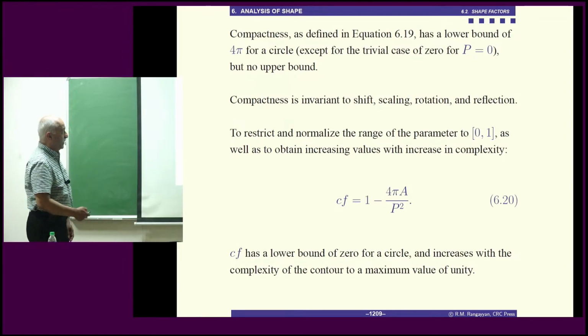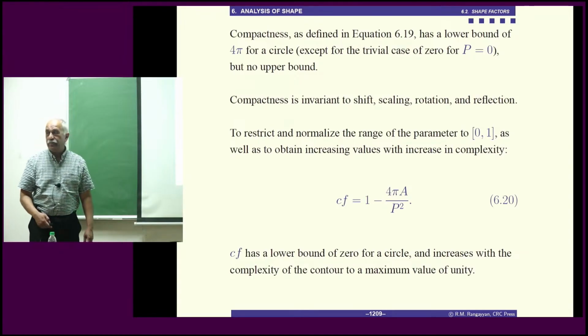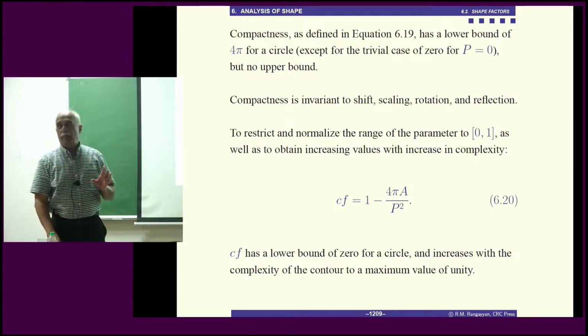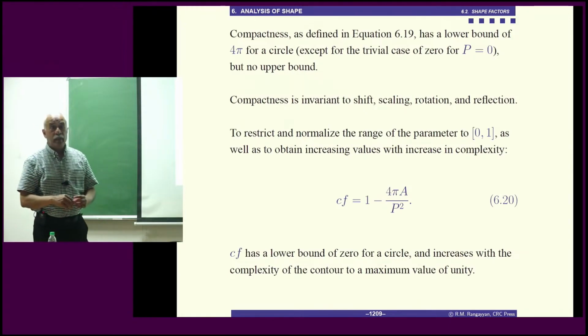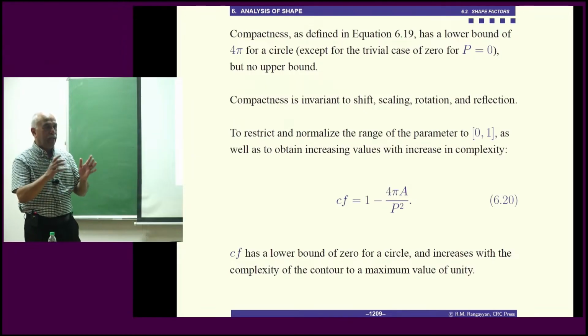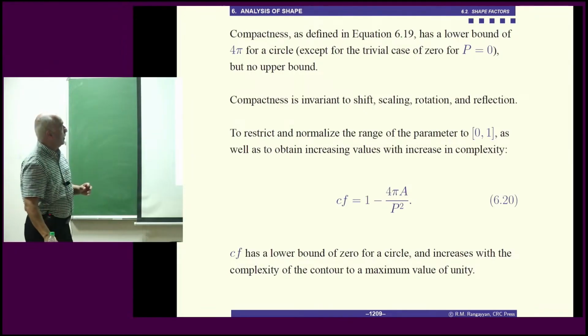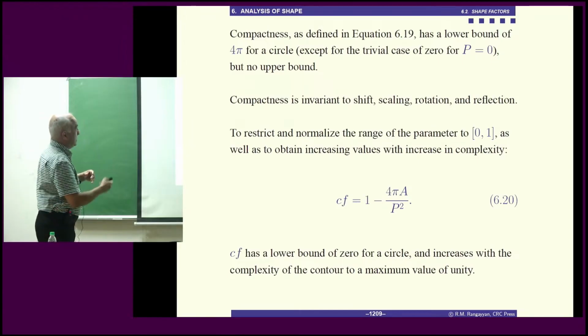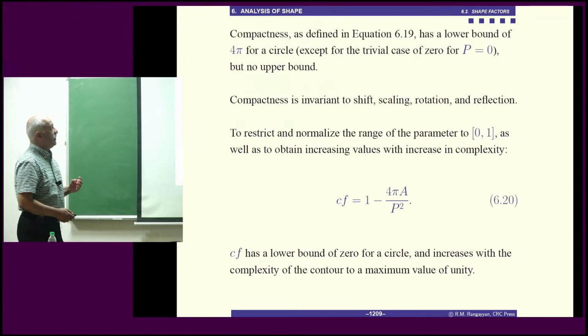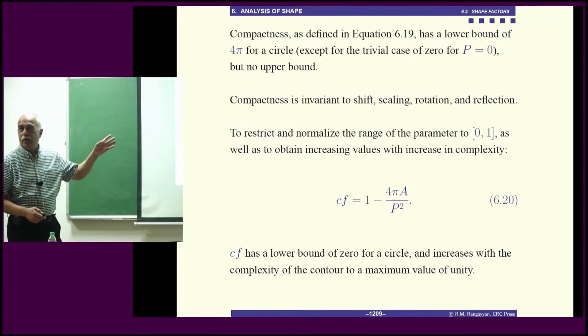And if you take a circle, the value will be 0. So a circle is a perfect shape, the most compact shape, the value will be 0, the maximum is 1. So that's a nice normalized range that we have used. It is obviously invariant to shift, scaling, rotation, reflection. All of those conditions are met.